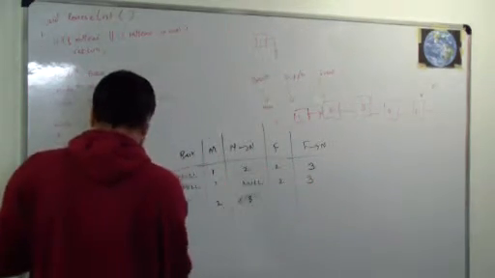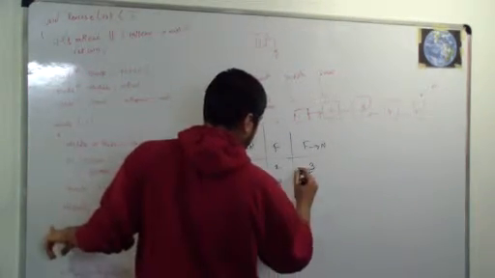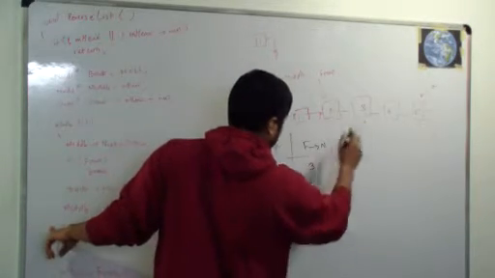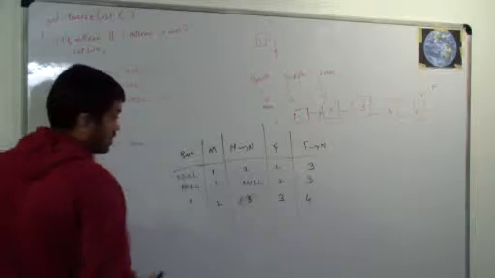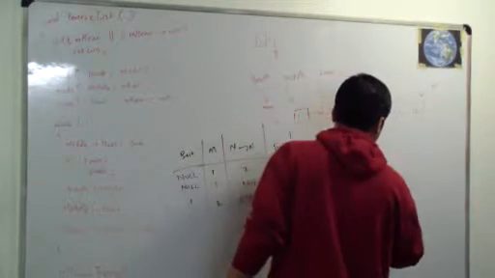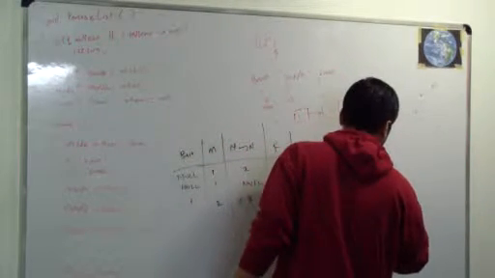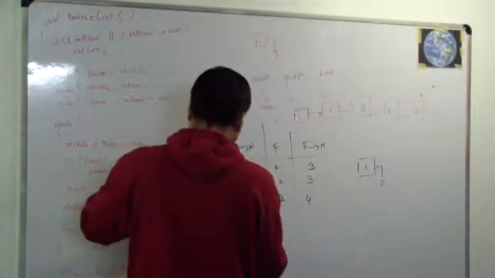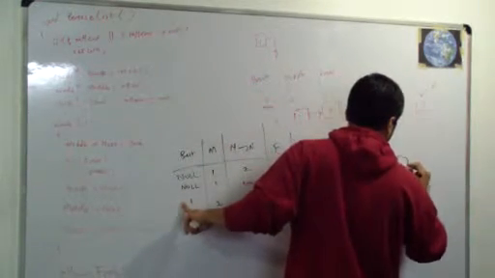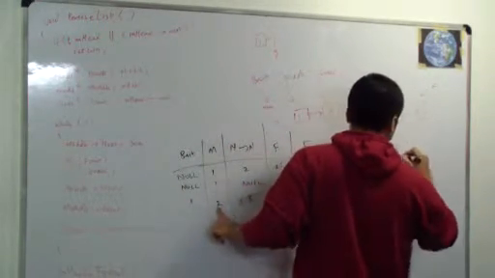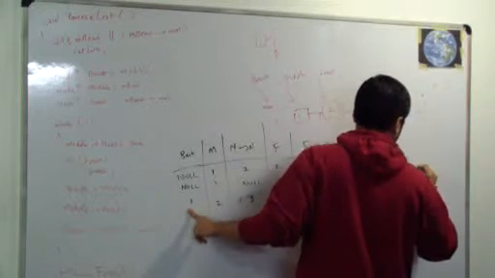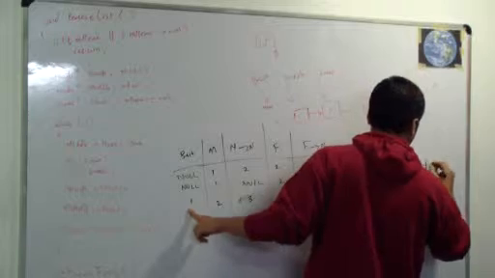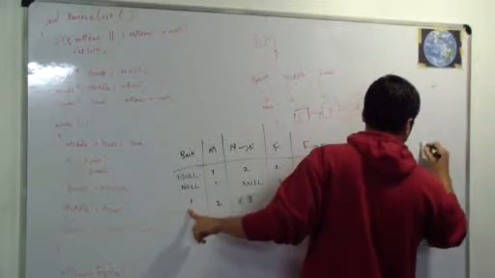Front is becoming front next, so this is 3, and front next will be 4. Correct? So this over here is null, 2 is now your middle. This is your back, and this is your front. Correct?